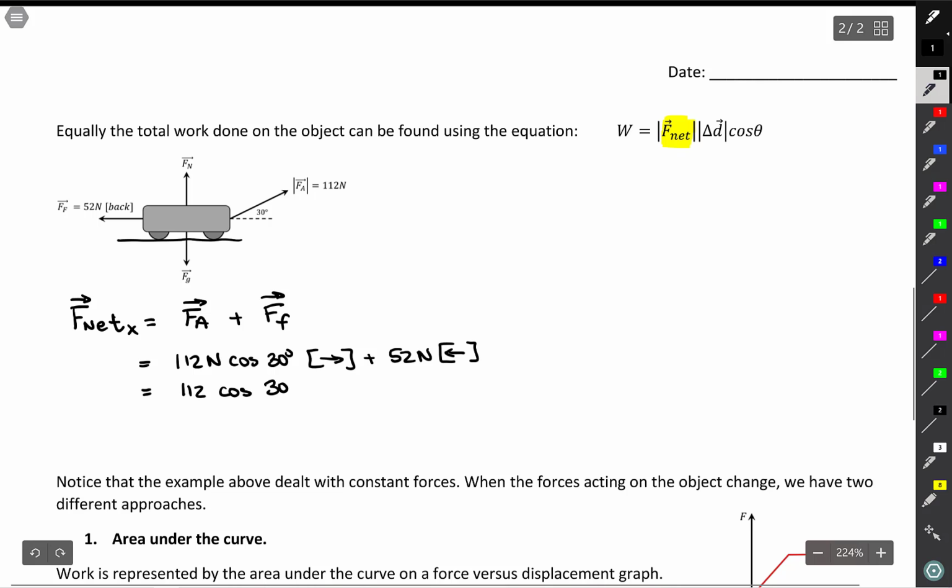So I get cosine of 30 acting towards the right, minus 52 newtons acting towards the right, which gives me an overall net force of 44.99 newtons acting towards the right.